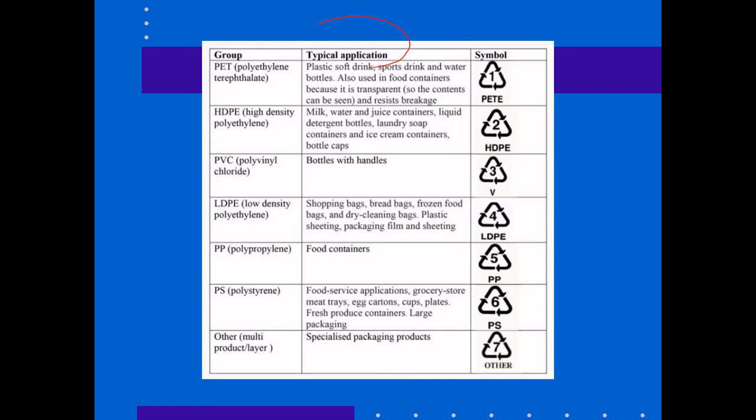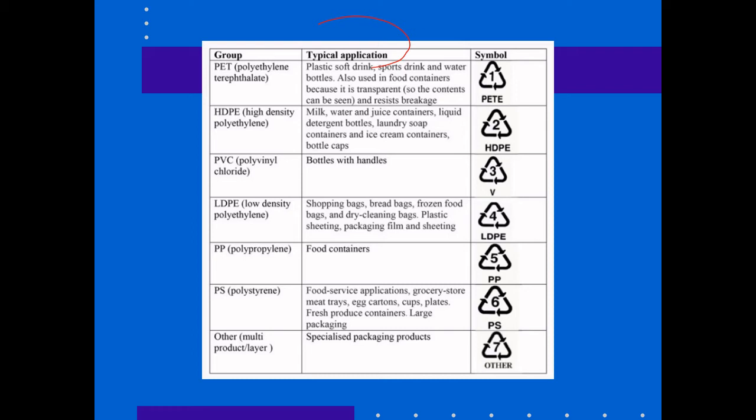Number five, of all of these numbers, is the most durable. It is made of polypropylene and used as food containers. Most food containers now are made of polypropylene.